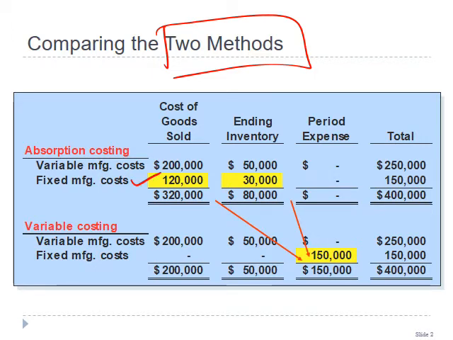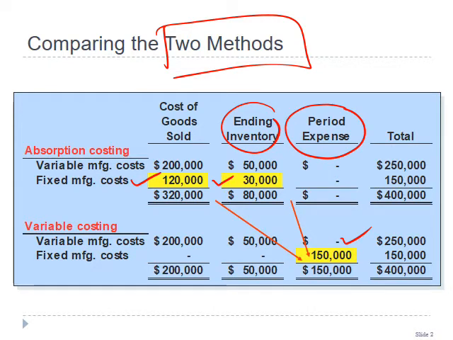And the ending inventory is 30,000, which is the amount of fixed manufacturing overhead that is deferred under ending inventory. So under variable costing, the entire 150,000 we expensed is under period cost.